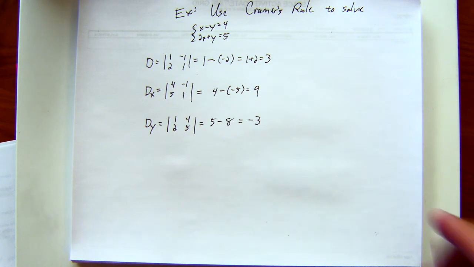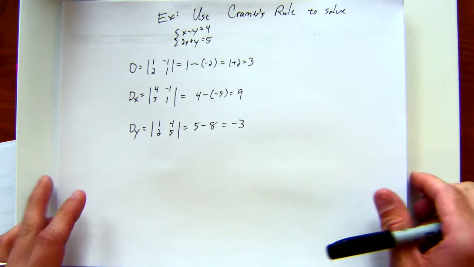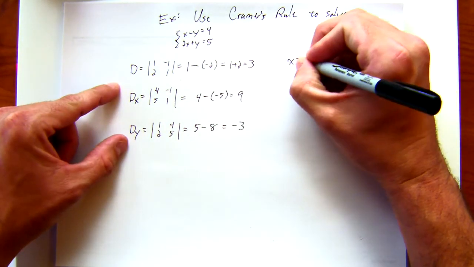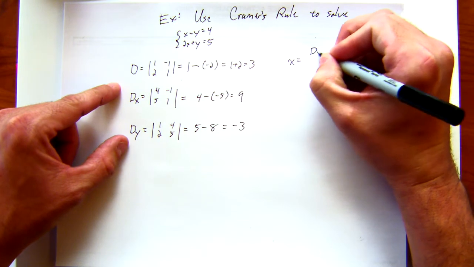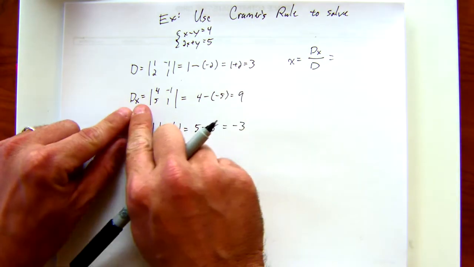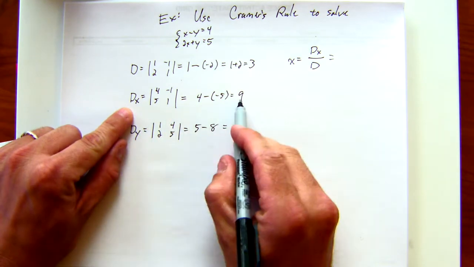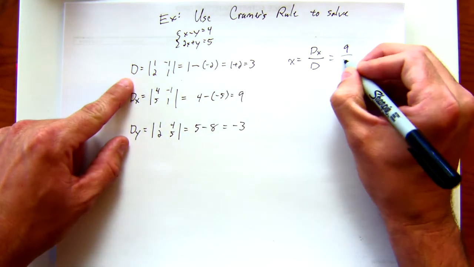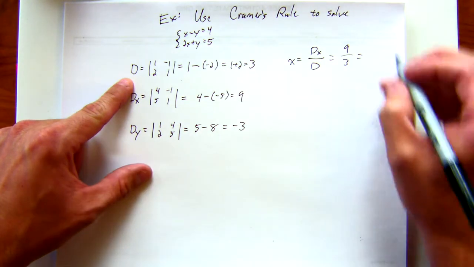Okay, good. Now the last thing that we need to do to use Cramer's rule: remember that x is Dx over big D. So what is my Dx? 9. My D is 3. What is 9 over 3?